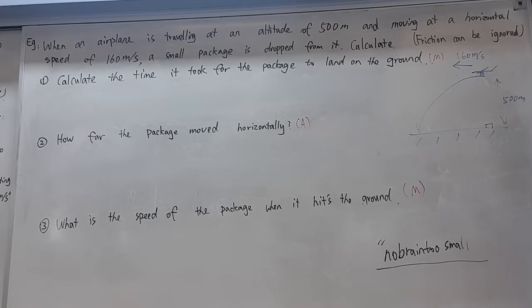Let's say, if you're at war, you want to drop a bomb and bomb the enemy, right? But the enemy is over here, and if you drop the bomb right on top of the enemy, where is it going to end up? It's going to end up hitting you over here. So that's not very good. So we have to be able to calculate where we are supposed to drop it, considering this is going to be a projectile motion, right?